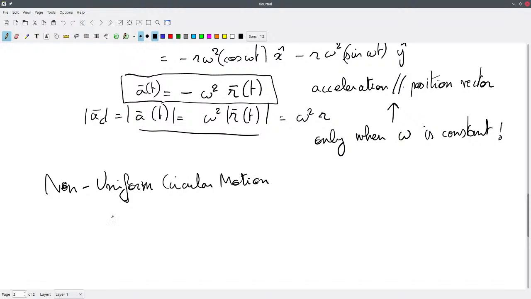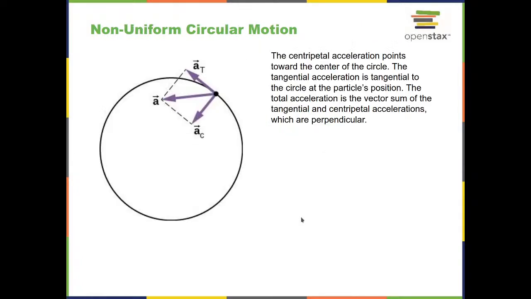So non-uniform circular motion is when omega is not constant, but omega is a function of the time. So if omega is a function of the time, let's look at that on our slides. If omega is a function of the time, now the velocity around this circle is going to be a function of the time. So the speed is not going to be constant.